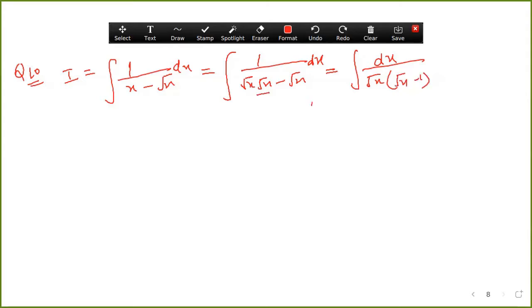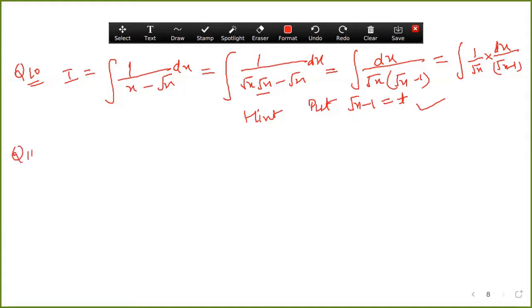Now you have to put, here's a hint, root x minus 1 is equal to t. Now you can do the question, because it is a question like this, 1 upon root x. Integrate the question by substituting root x minus 1 is equal to t.